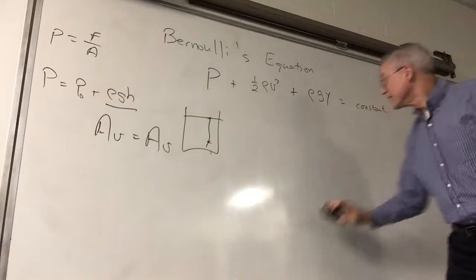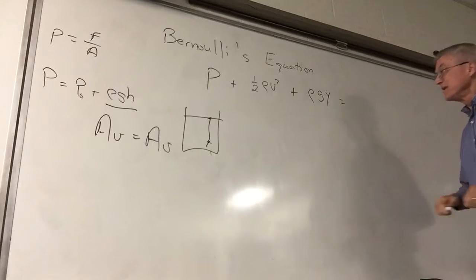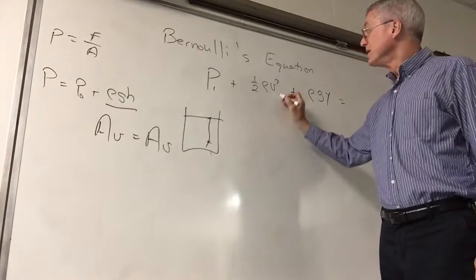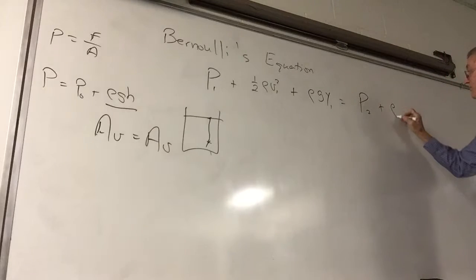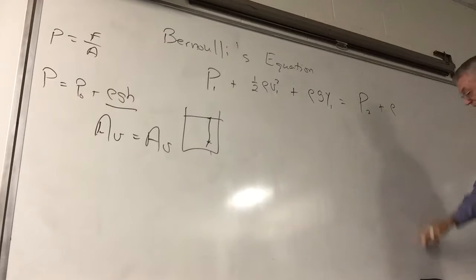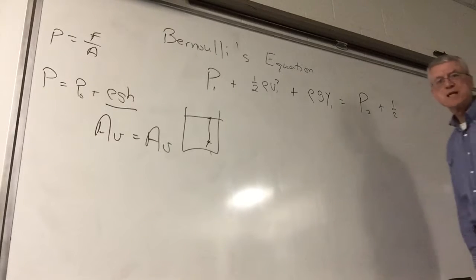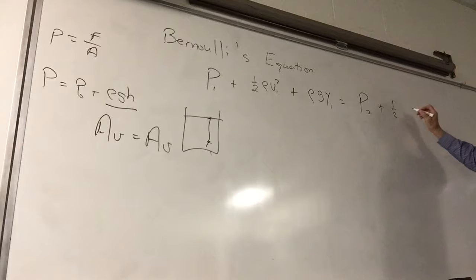Now, often I write the equation like this, where that's P1, V1, and y1, and over here is P2, plus 1/2 rho V2 squared, plus rho g y2.